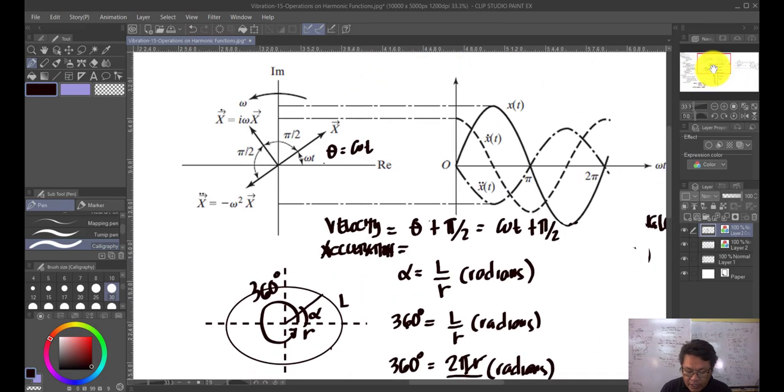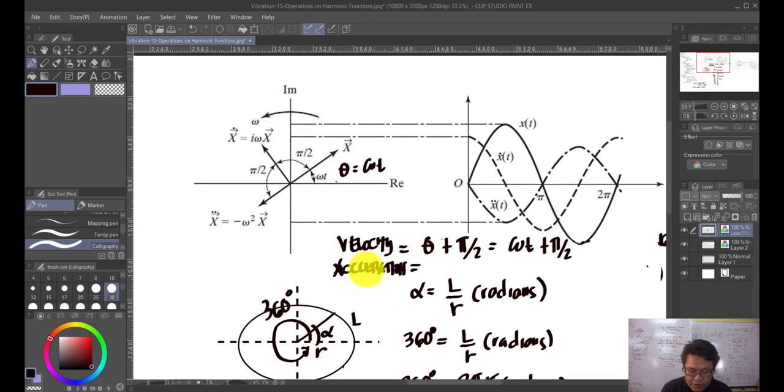So I can express my acceleration as angular velocity times time plus pi. That is the angle of my acceleration, or my second derivative of the displacement, for the real part. Starting from here, going there, that will become my angle.